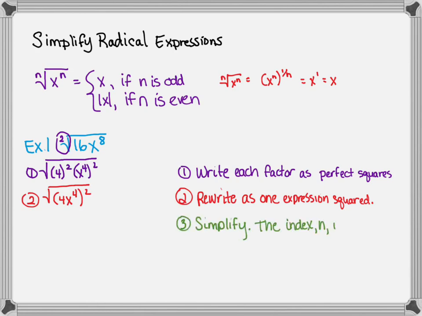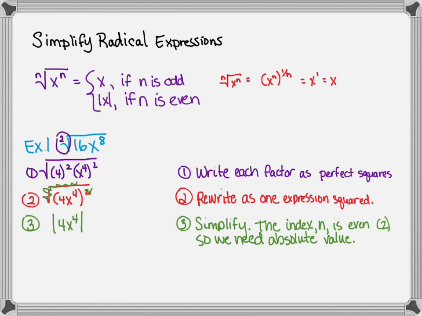And now we'll simplify. And the index n is even, in this case it's 2, so we do need the absolute value bars. So our squaring and our square rooting are inverse operations. We're left with the absolute value of 4x to the 4th.